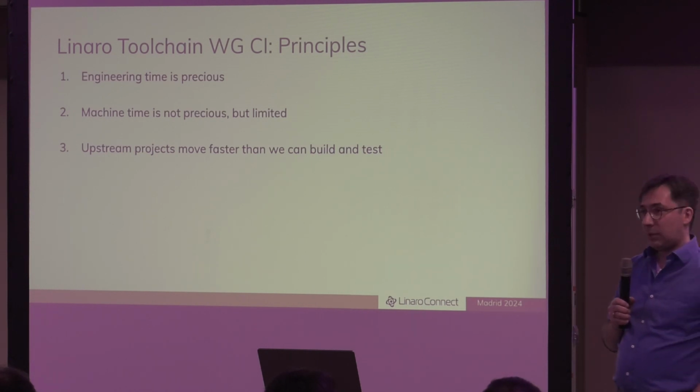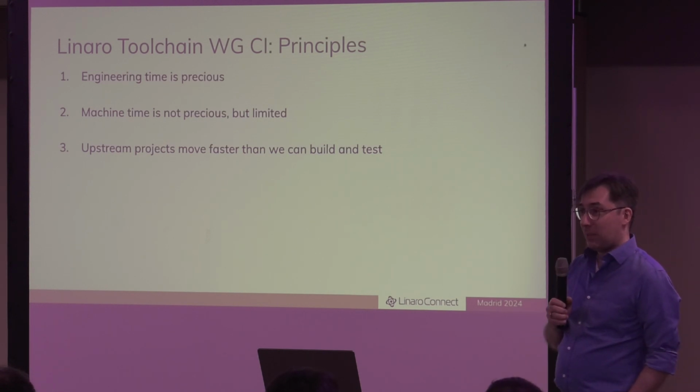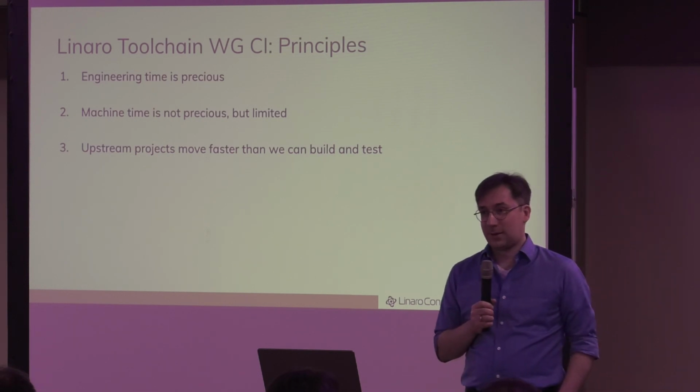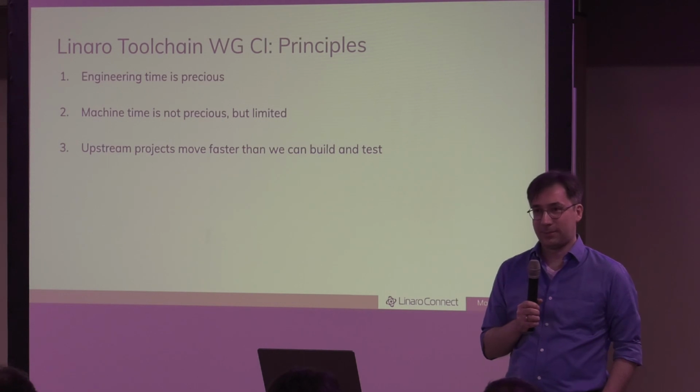We need to be able to find problems even if our single build and test takes 5 or 10 hours, but the project gets 20 or 100 commits every single hour.